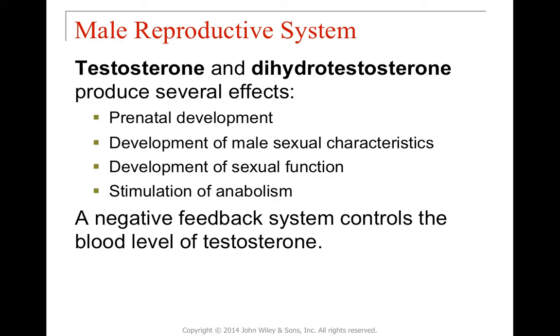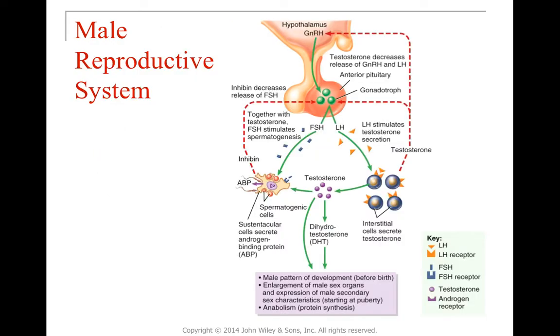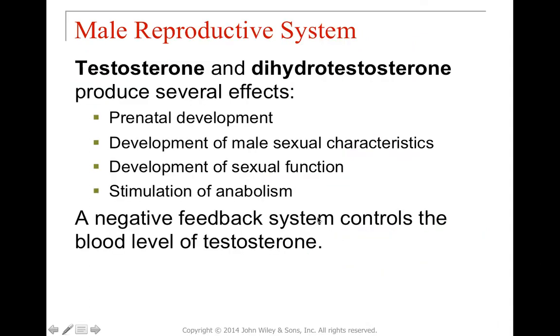So testosterone and dihydrotestosterone, that's what we were just talking about here, this DHT, right? They kind of go back and forth, and they are going to be responsible for multiple different things in male development, including the prenatal development of male sexual organs, and also the development of male sexual characteristics, and then later on also development of male sexual function, and again the stimulation of anabolism.